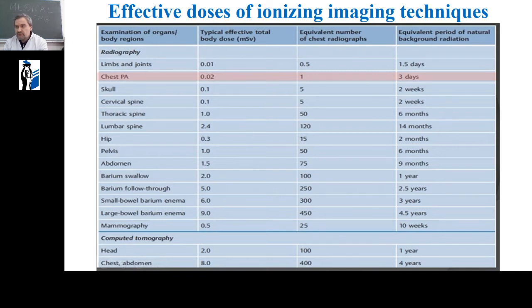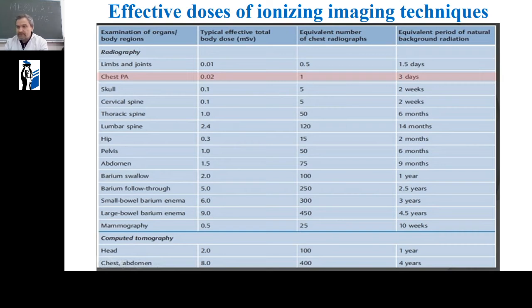The reference unit of this method is digital radiography of the chest organs. The effective dose is 0.02 millisieverts and corresponds to the dose of background radiation that a person receives for 3 days of life.